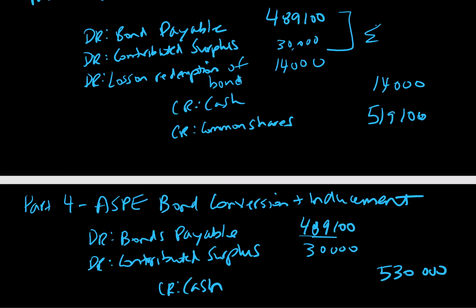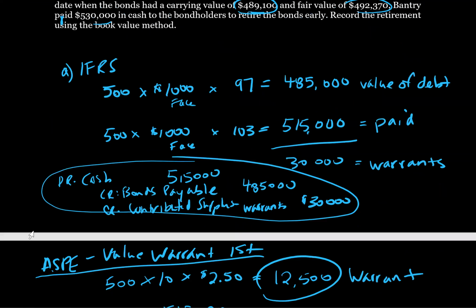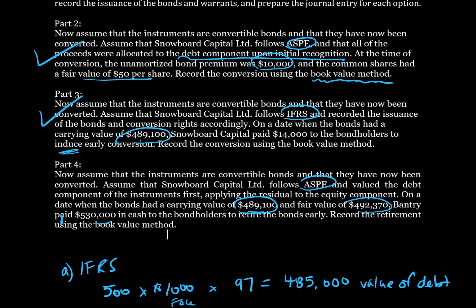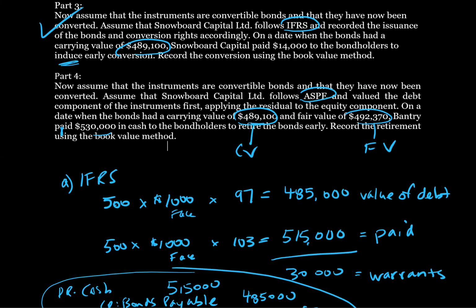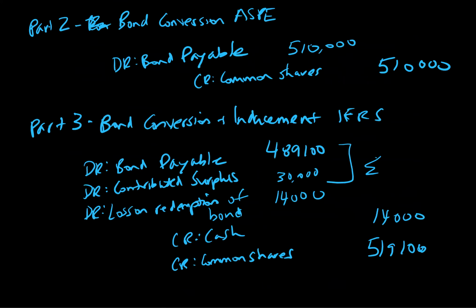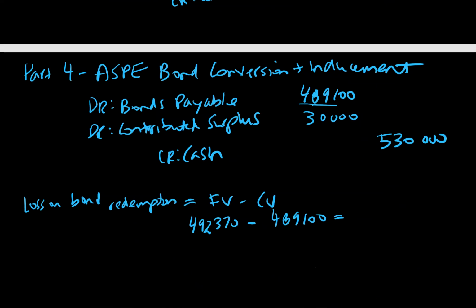If we scroll up to the question, see how it says the bonds had a carrying value of 489,100 and a fair value of 492,370. Normally we wouldn't require the fair value, but we require it for ASPI to allocate the inducement. So 492,370, the fair value, minus the carrying value of 489,100, is going to give us $3,270.